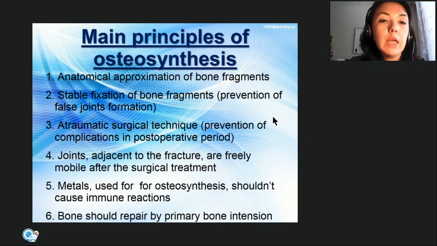Then stable fixation of bone fragments to prevent formation of false joints. Atraumatic surgical technique allows us to prevent complications in the postoperative period. Joints adjacent to the fracture are freely mobile after the surgical treatment.